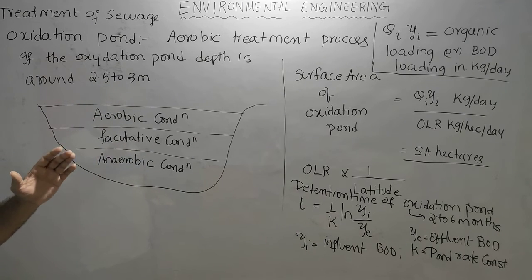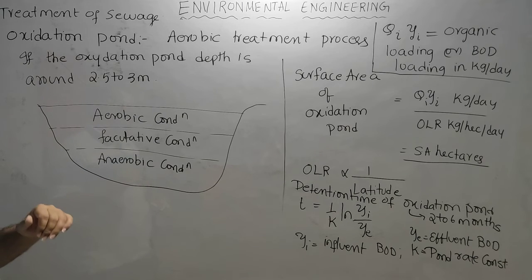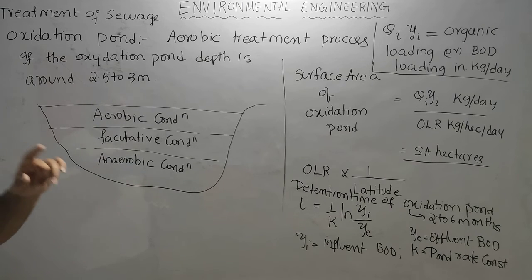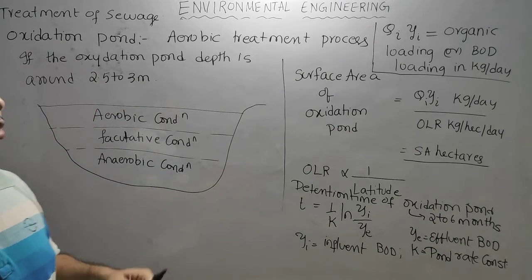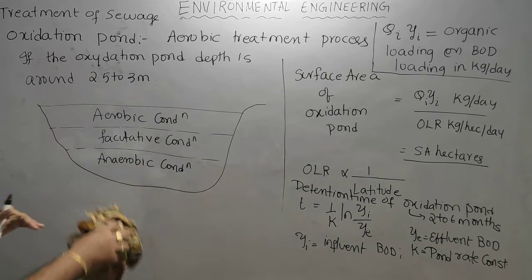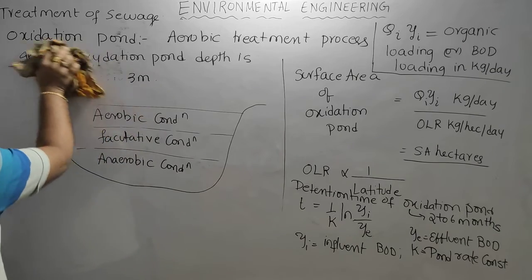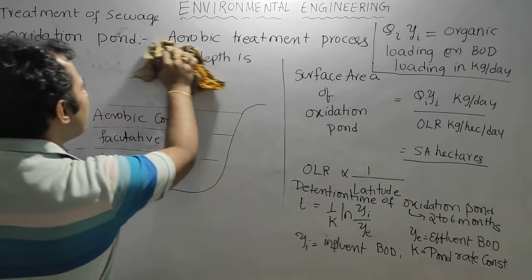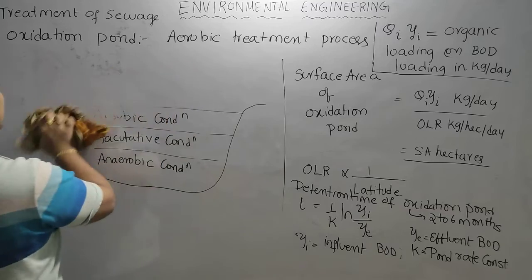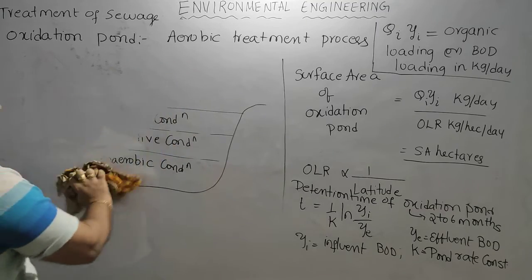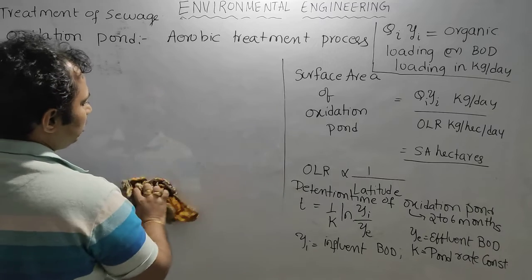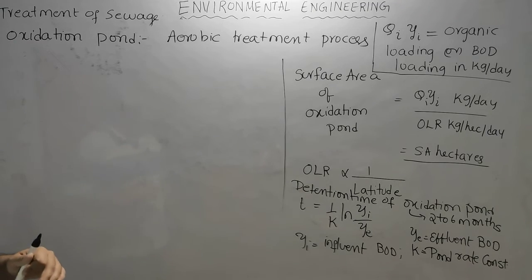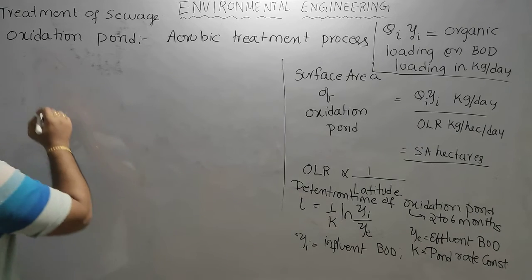One more important point here is that before sending the sewage or any sludge into the oxidation pond, primary treatment is mandatory. Why do we need to treat the sewage water in a primary sedimentation tank before sending it into the oxidation pond?